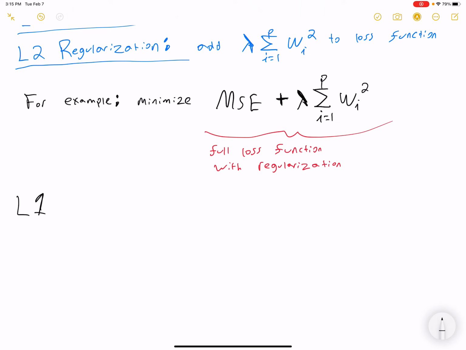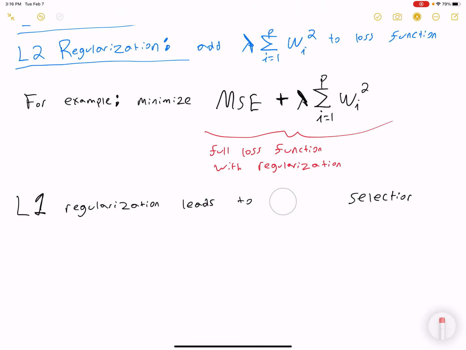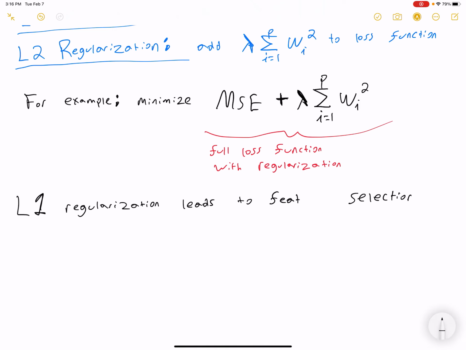So L1 regularization has the nice property that it leads to feature selection, which is a vocab word meaning reducing the number of input features in our model. Let me write feature a little bit more clearly because it's an important term.